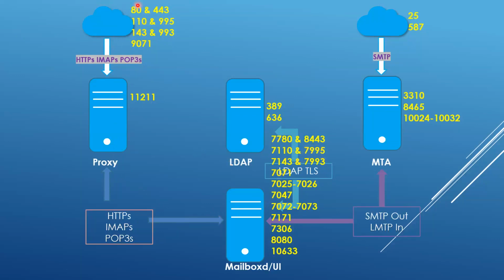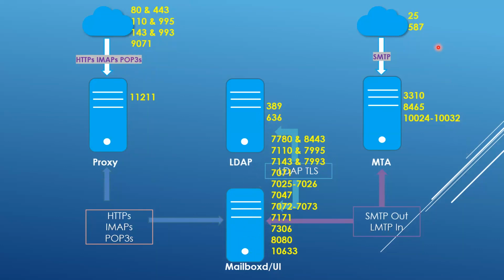In the same way, IMAP connections 143 and 993 will be NATed to the mailbox server over 7143 and 7993. Then when a user accesses the admin console, proxy receives the request on 9071, but proxy communicates to the mailbox server over 7071. And the mailbox server communicates with LDAP over 389 and 636.